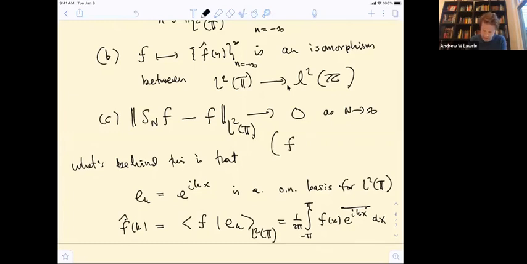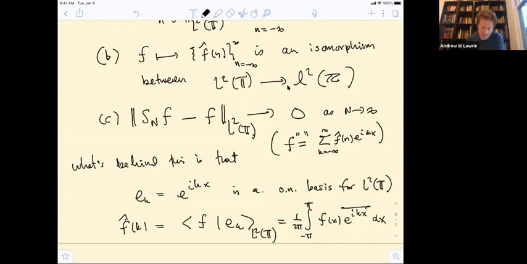That means it's suggesting you should be able to write f as an infinite linear combination of the basis elements. But this equality is the symbol that you want to be precise about.